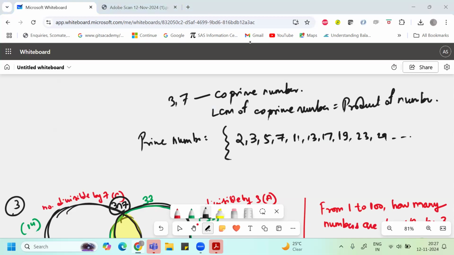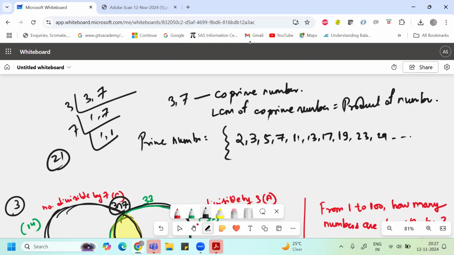If you want to know how many numbers are divisible by both 3 and 7, the minimum such number is the LCM of 3 and 7, which is 21.